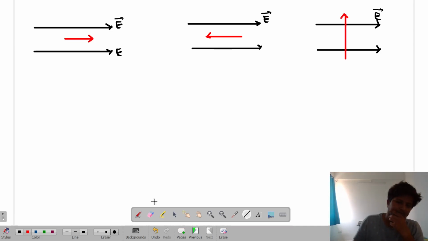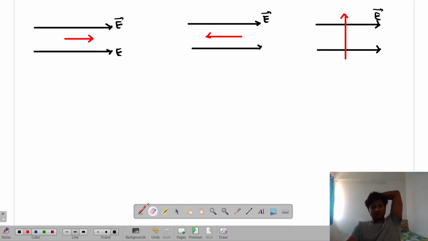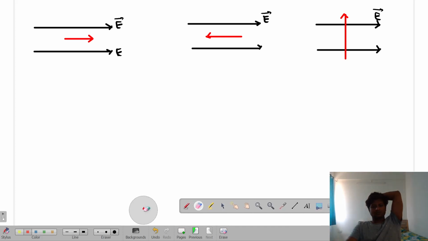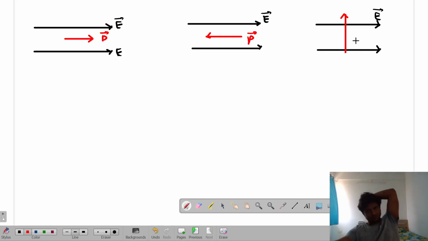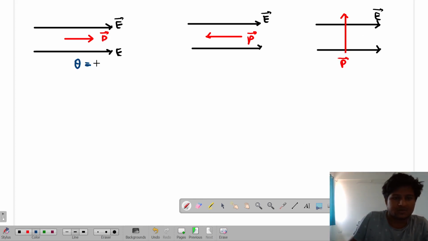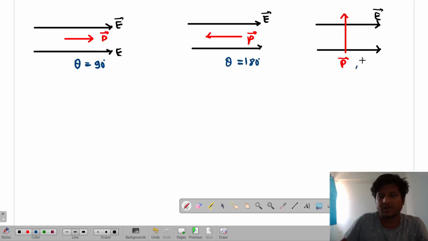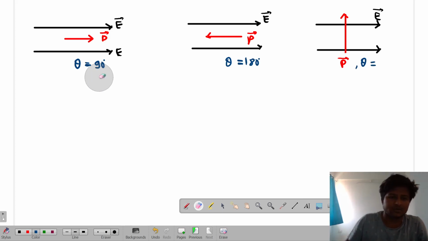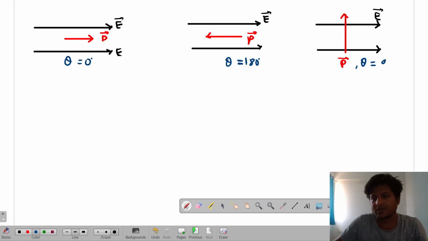Are you able to get me? This is the dipole moment vector, and this is also a dipole moment vector. So here theta is 0, here theta is 180, and here theta is 90.